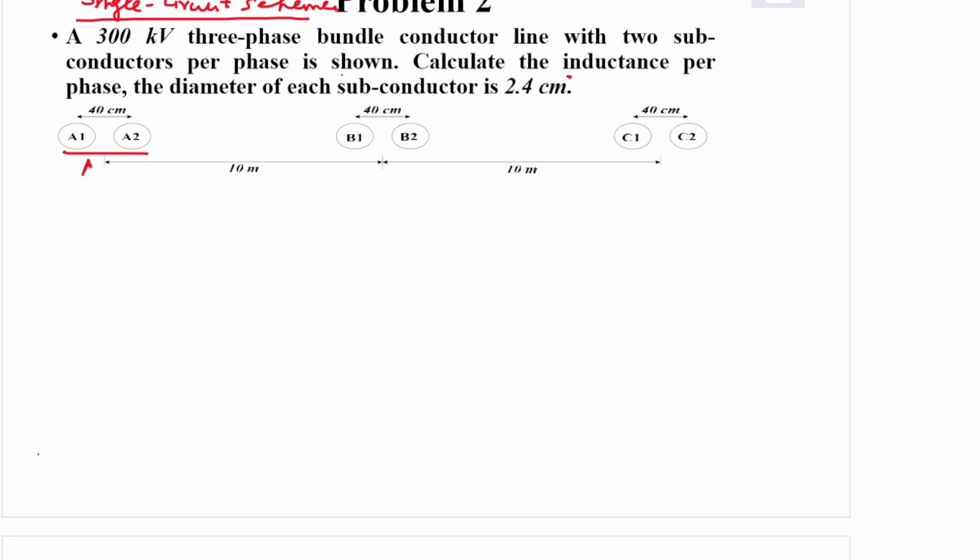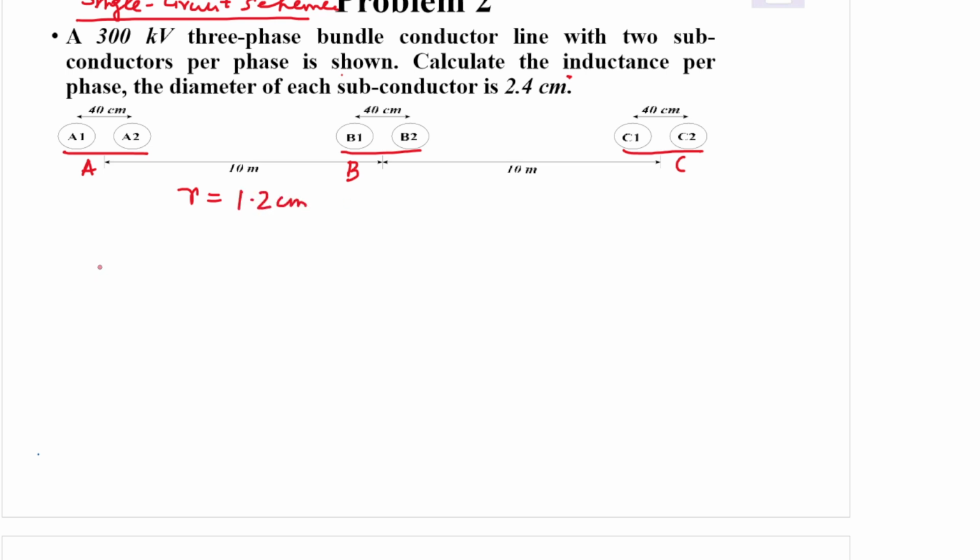This represents phase A. B1 B2 constitutes a bundle conductor that represents phase B, and C1 C2 constitutes phase C, a bundle conductor. So we have A phase, B phase, C phase. So it is a single circuit. Conductor diameter is 1.2 centimeter.